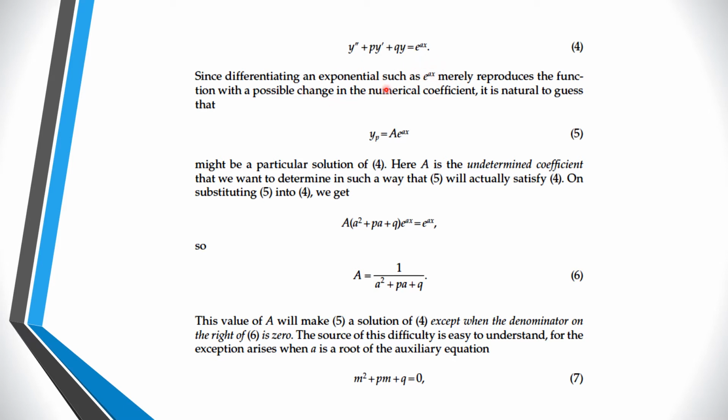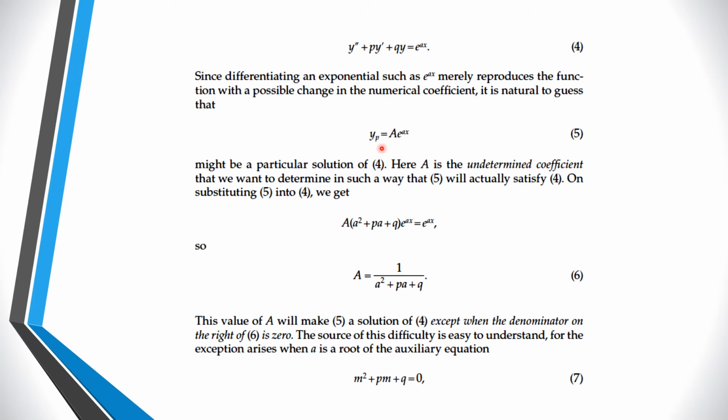So we choose y_p to be some undetermined coefficient times the same e to the power ax. Since the derivative of e to the power ax is again in terms of e to the power ax, we can compare the coefficients on both sides. This capital A is the undetermined coefficient. Basically we have to find the value of this capital A.